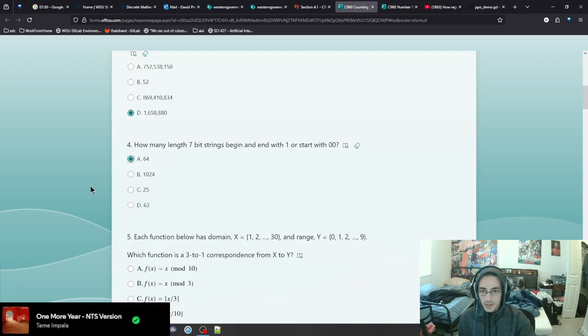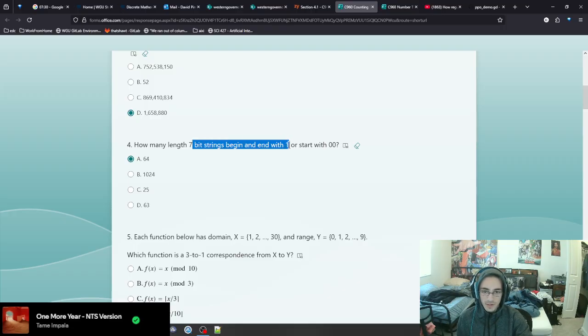And yeah, you add because this is an OR. Start with 0, 0 means 2 to the 5 because you have taken 2 of the spaces in the 7-bit string, giving you 5 different bits left to work with, which could each be 2 things. So it's 2 to the 5 possibilities.